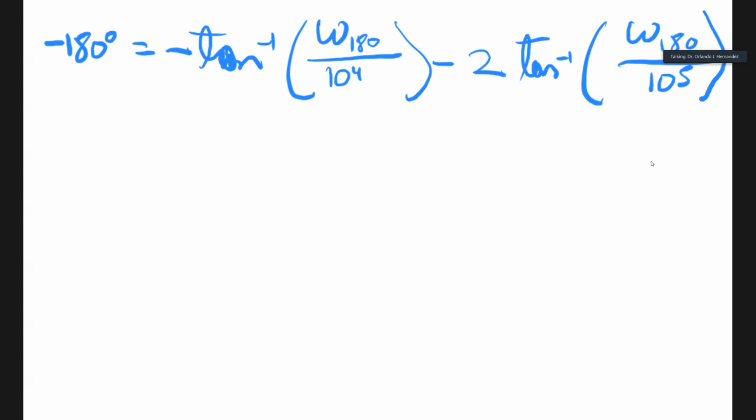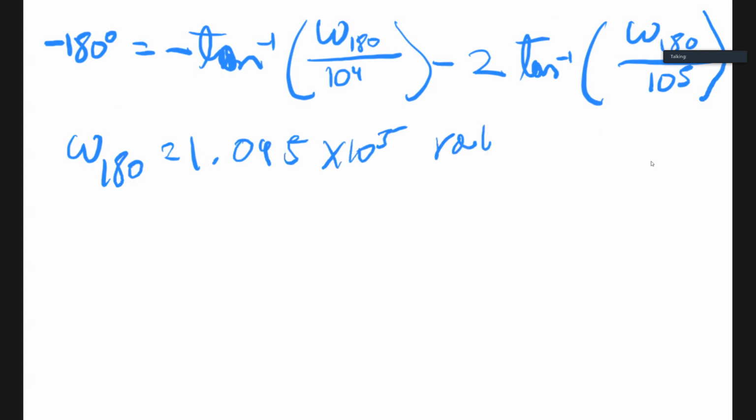So if you solve that transcendental equation, you get that omega 180 is 1 times 0.95 times 10 to the 5th radians per second.